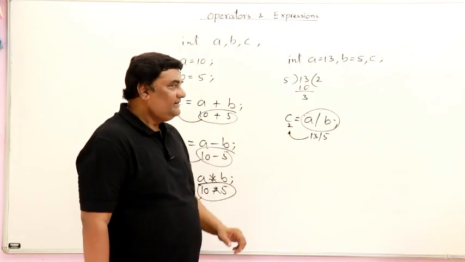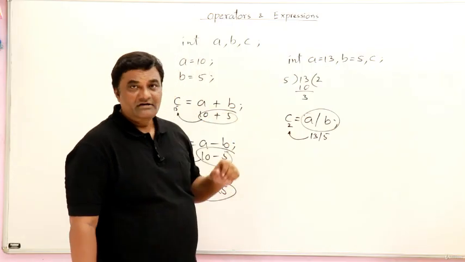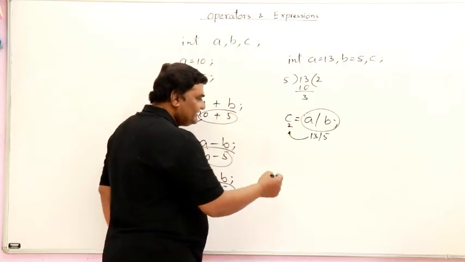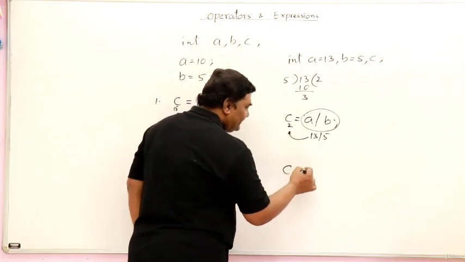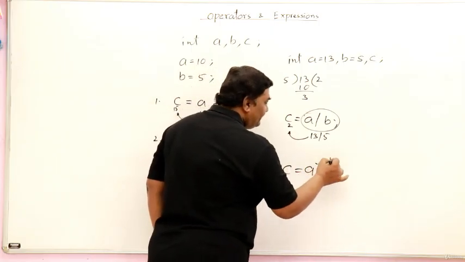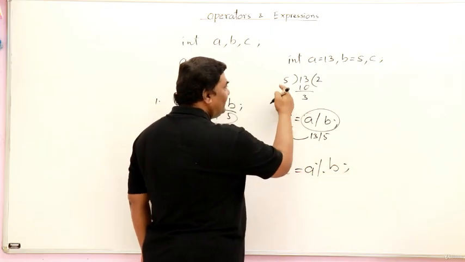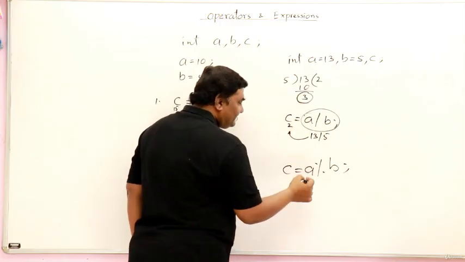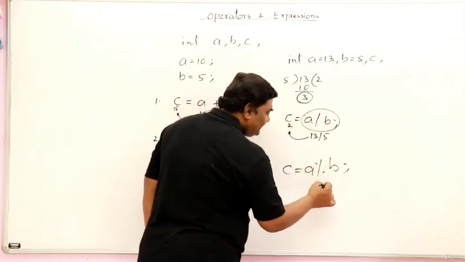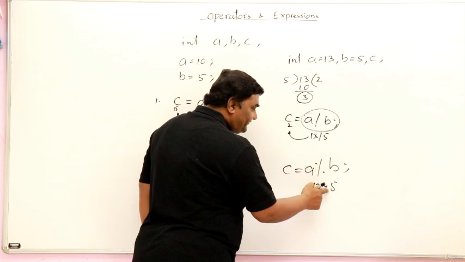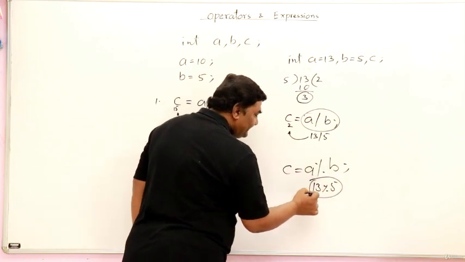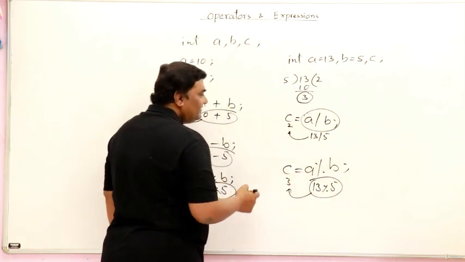Now next thing we will see how to use mod. Mod means what? See here, instead of this next statement I will write C assign A mod B. So what is mod? The remainder. What is that? 3. So when 13 is mod by 5, after division the remainder is 3. So this gives remainder 3. That's it.